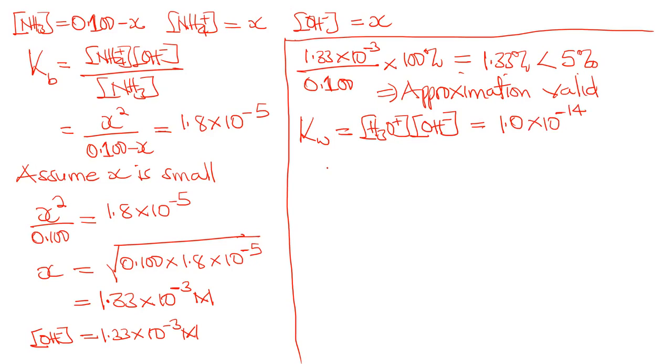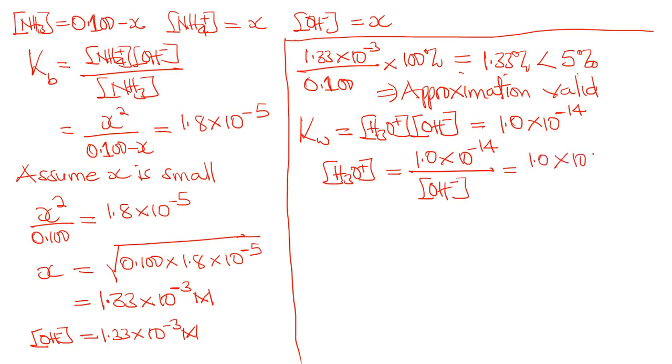Based on that, you can say the concentration of the hydronium ion is equal to 1.0 times 10 to the power negative 14 divided by the concentration of OH minus.